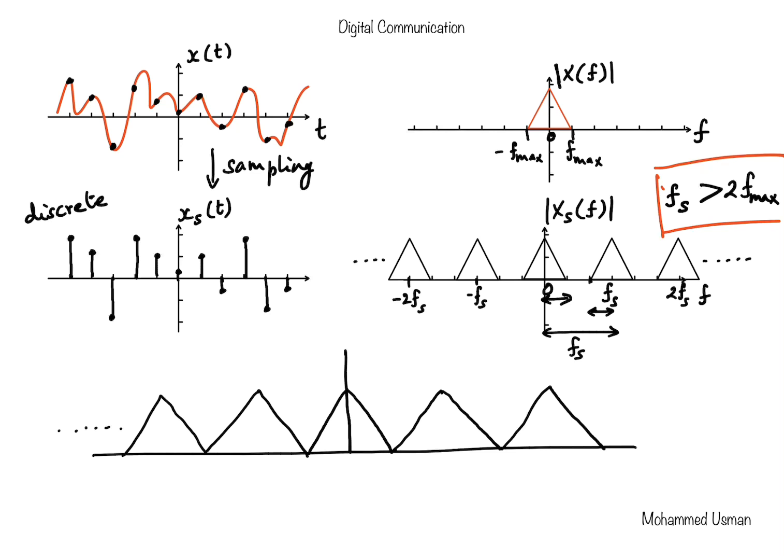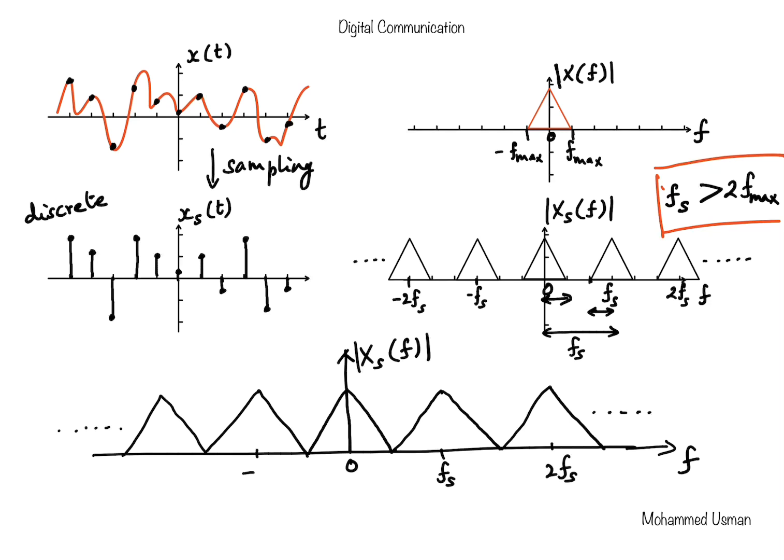And I must mention here that the example I'm depicting is for the case when the sampling is done in an ideal way. In practice, however, ideal conditions are not met. But for the purpose of understanding, we'll restrict our analysis and explanation to the ideal case. So that's our frequency axis, and that's the magnitude spectrum of the sample signal, where we have the spectral replicas at integer multiples of the sampling frequency.